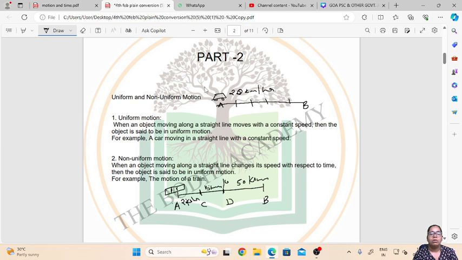So to complete the distance from A to B, the speed of the train is changing from one position to another. When an object moving along a straight line changes its speed with respect to time, it is said to be in non-uniform motion. For example, the motion of a train. So this was about the two types of motion, uniform motion and non-uniform motion.